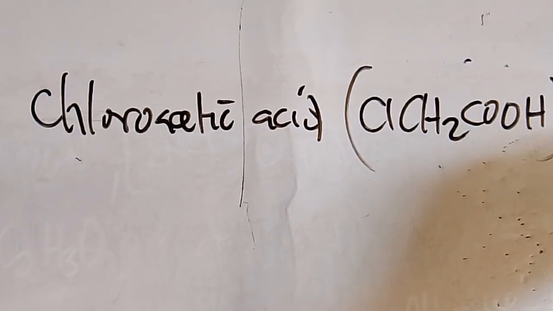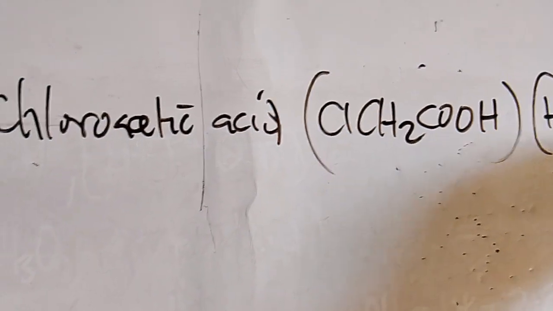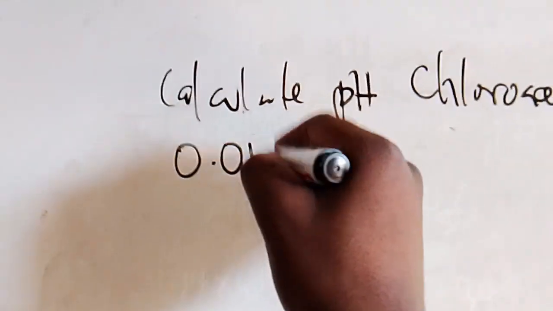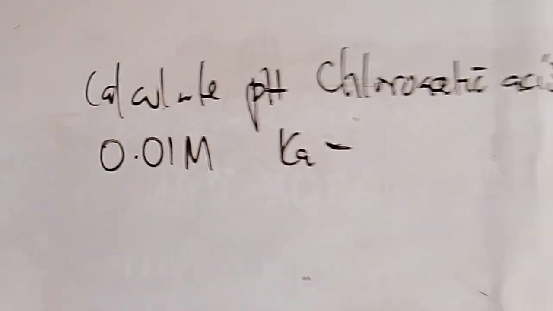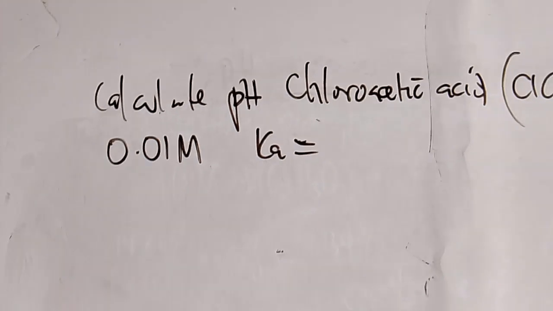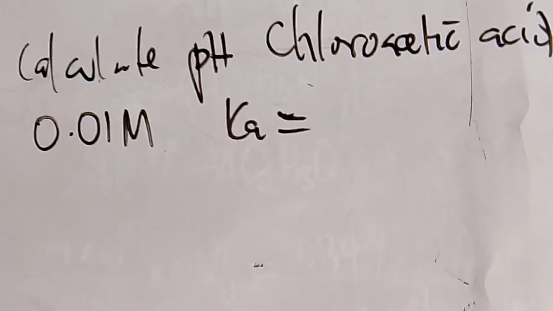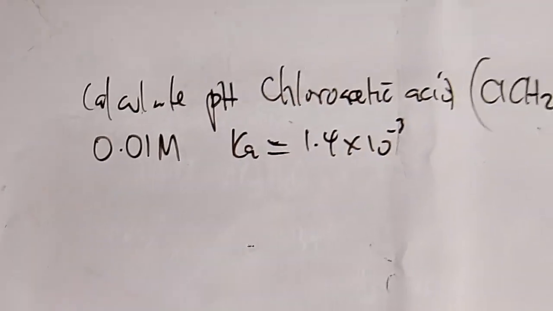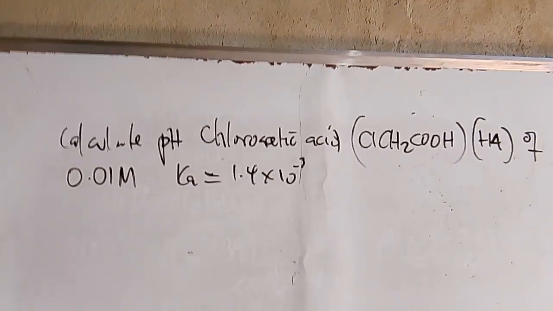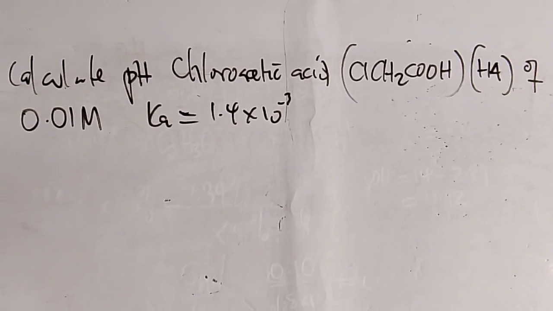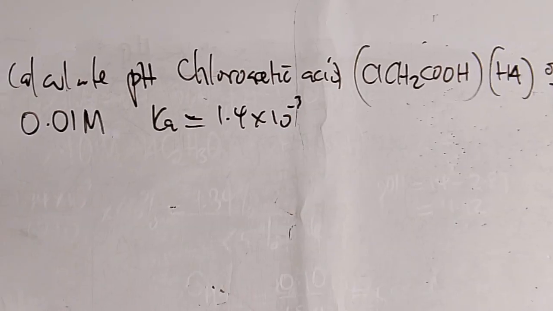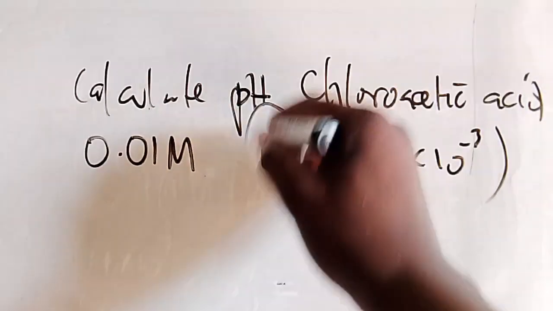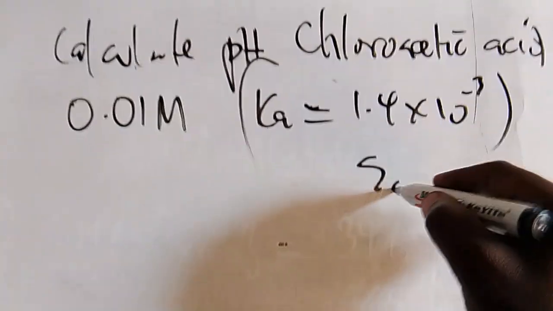We can just abbreviate it as HA, with a concentration of 0.01 molar. Ka for chloroacetic acid is 1.4 times 10 to the power negative 3.